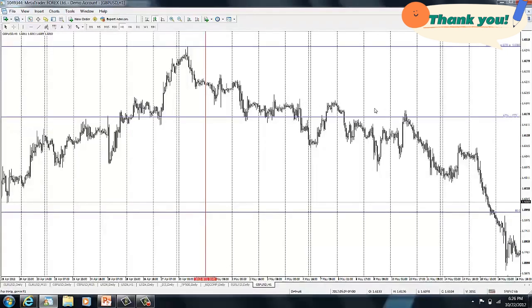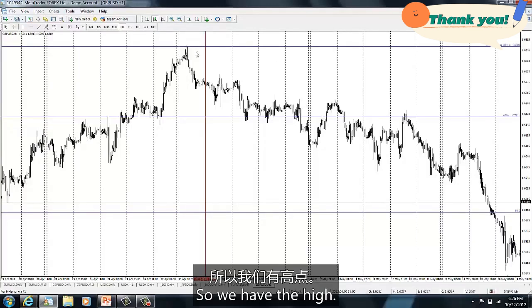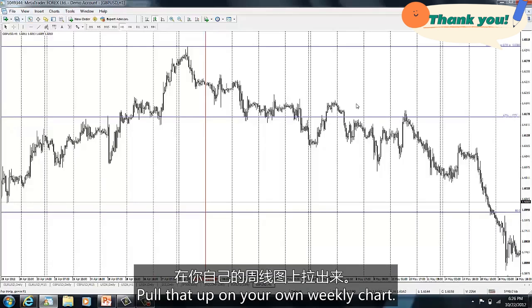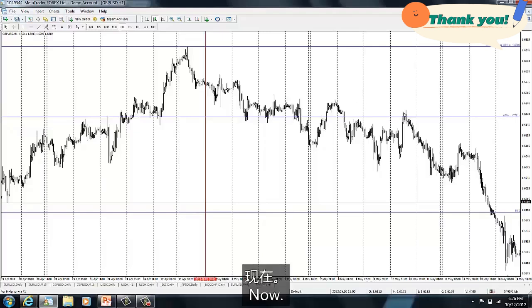What is that? That is a weekly swing high. So we have the high and a lower high. Pull that up on your own weekly chart and you'll see what I'm referring to. When you have that also, that's when you have the acceleration in the price movement, much more aggressively moving lower.